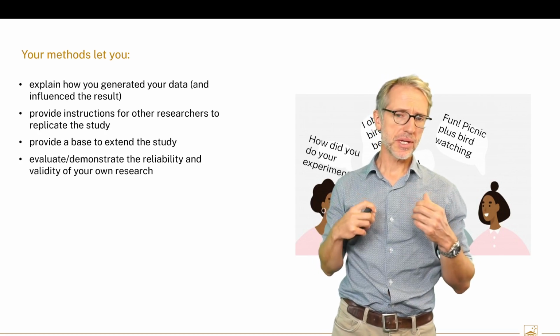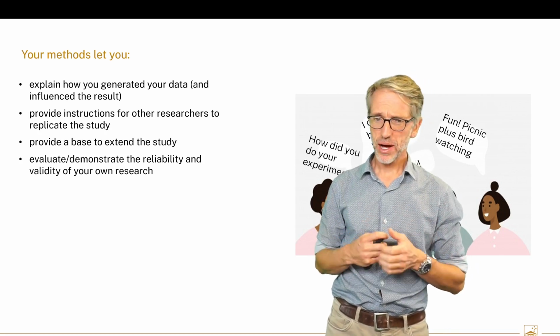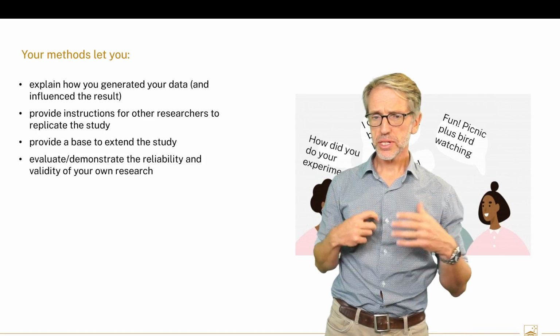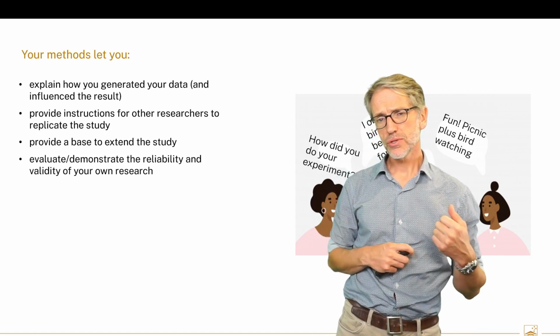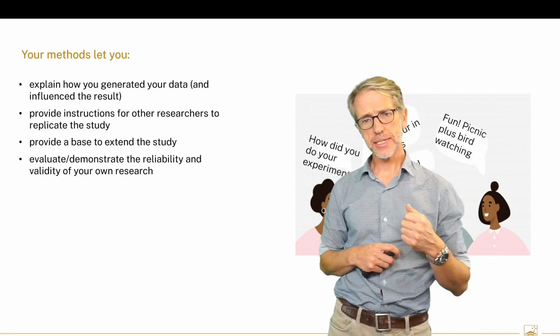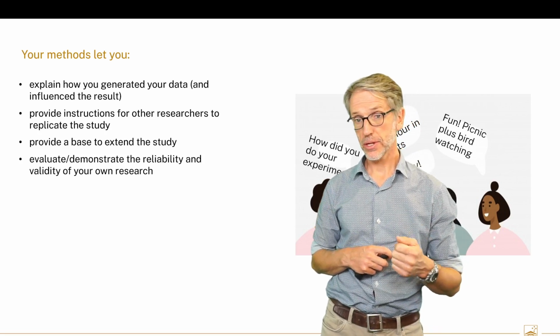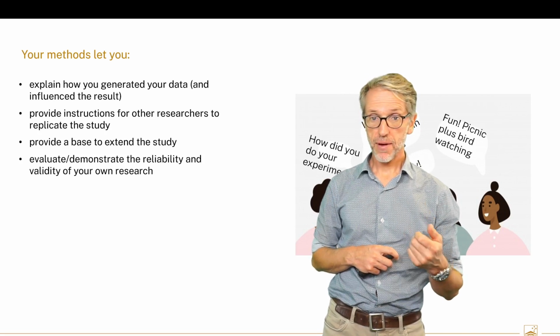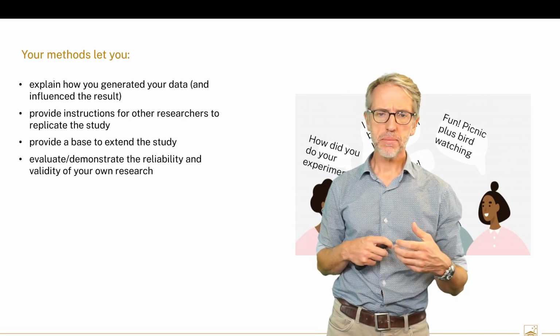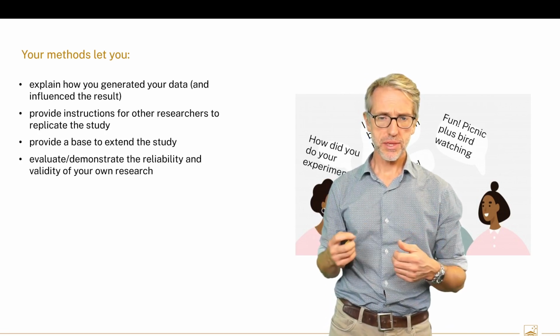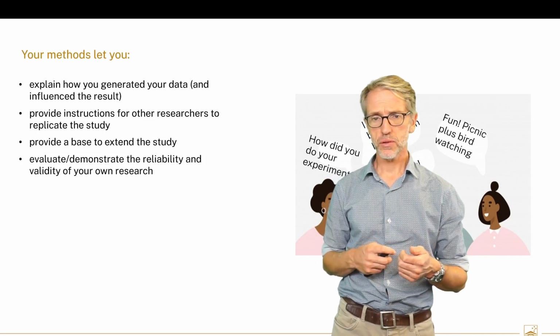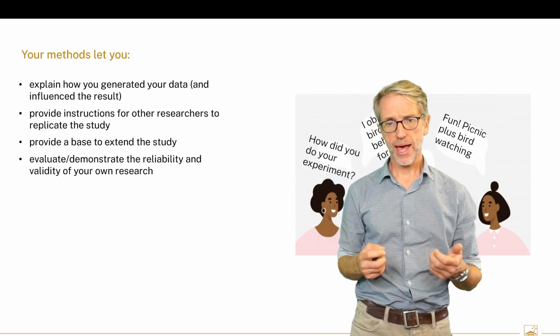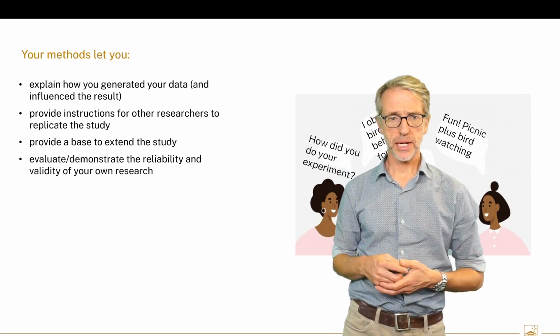So a methods section does that. It provides that information, not just in a general way, but to allow the reader to understand exactly the nature of the results that will be presented subsequently, and for themselves be able to independently think through what impact those methods might have had on the resulting data.